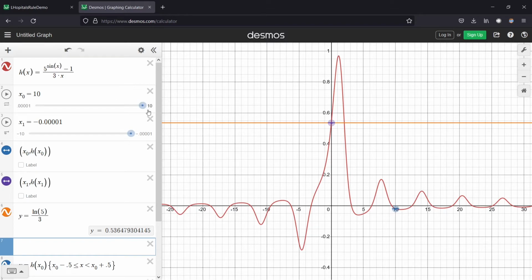And likewise, as we approach from the right, which is this blue dot right here, the y value goes up, goes down, goes up again, and then converges to the correct limiting value, ln of 5 over 3. So there you have it. This rule is very successfully determining for us the value of specific functional indeterminate forms in the form of a ratio.